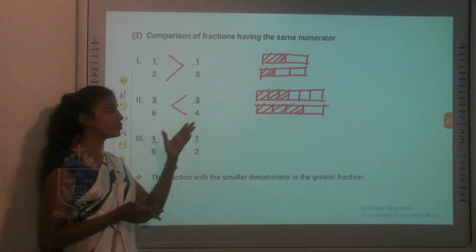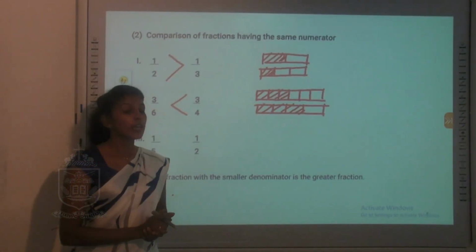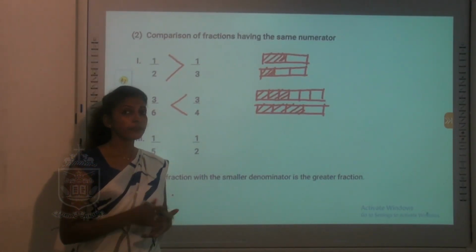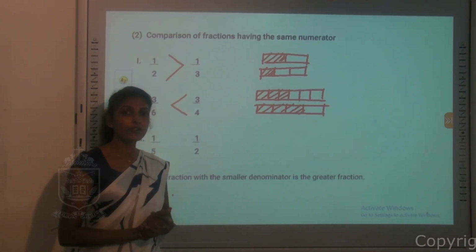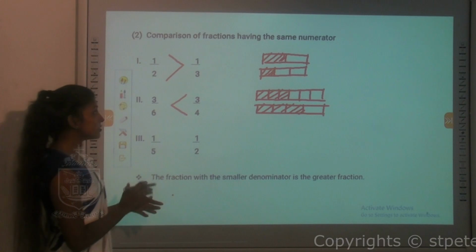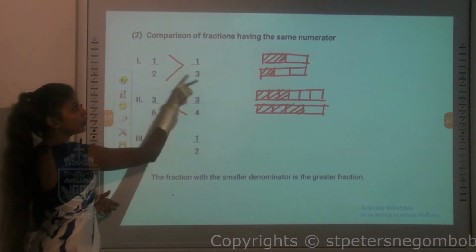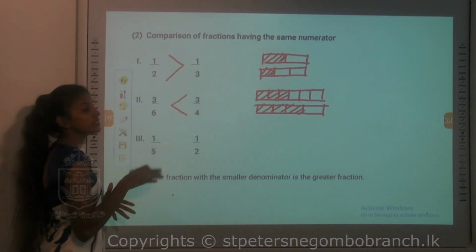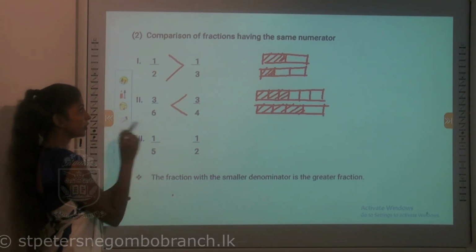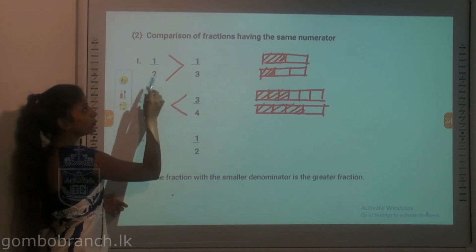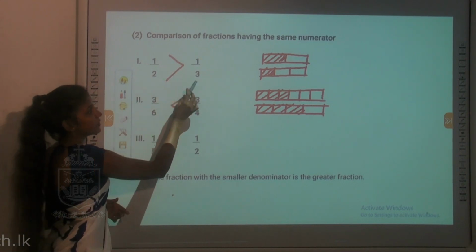Now if you are going to draw the diagrams like this and compare, you will take a lot of time. So no need to draw the diagrams actually. There is an easy method of finding it. That is, just look at the denominator value. Since the numerators are the same, you don't need to look at the numerators. What about the denominator? You all can see a smaller value and a larger value.